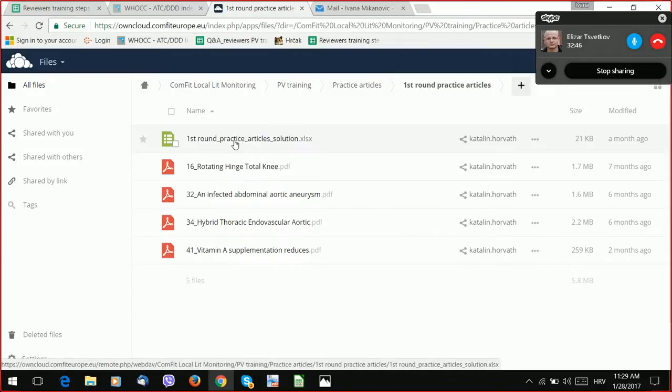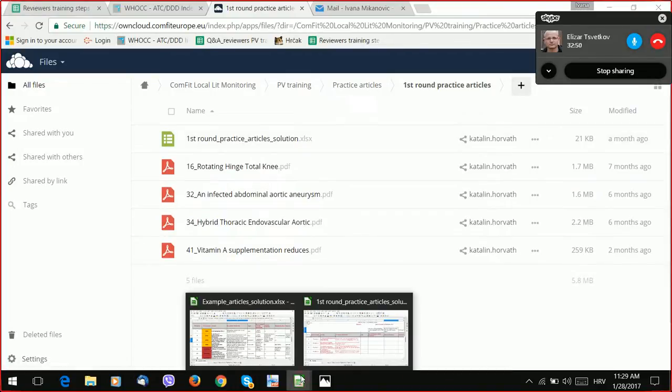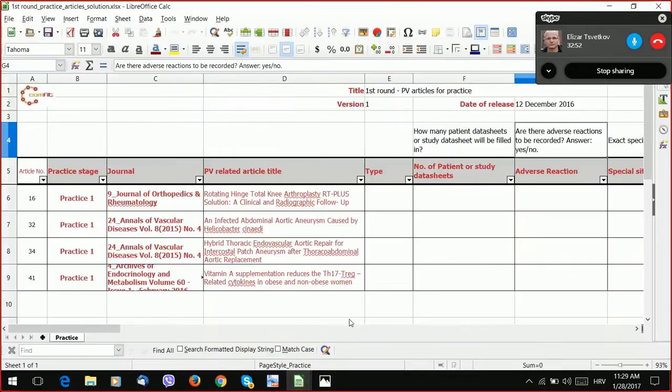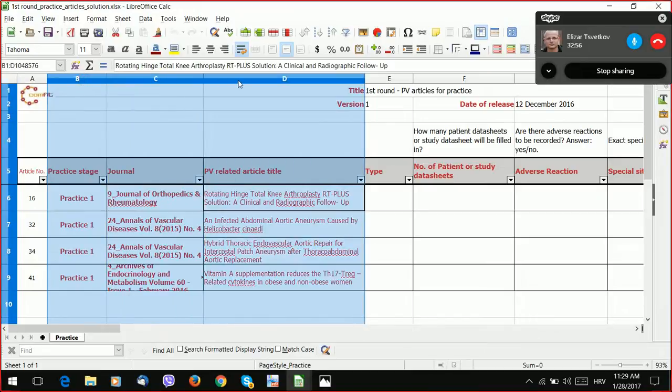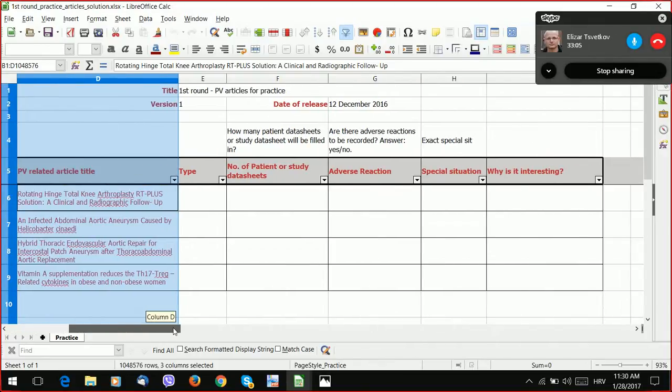And if you open this Excel file, you are going to see this. So you already have information about these articles filled in, so you don't have to write their titles or numbers. What you need to do is to fill in the empty cells.